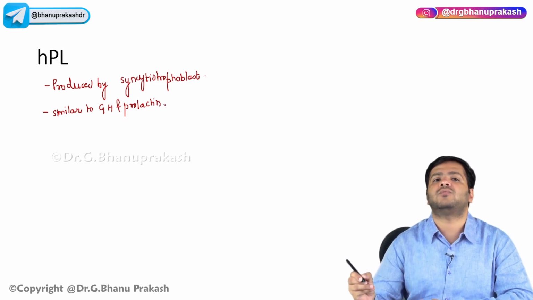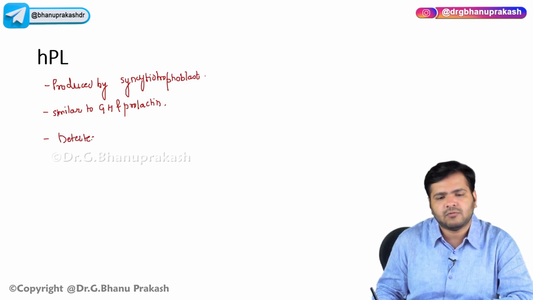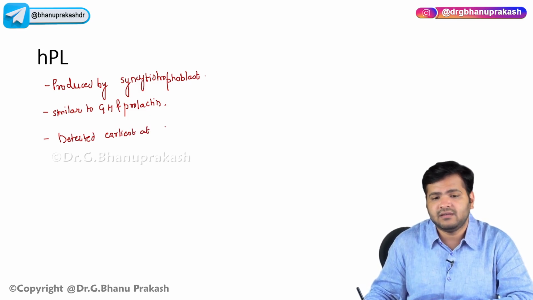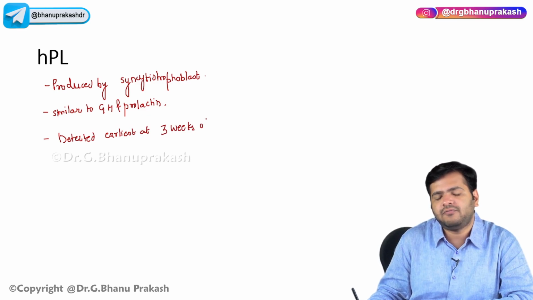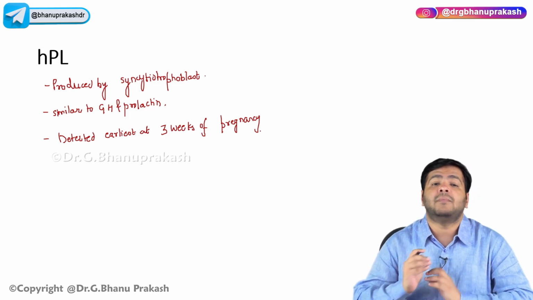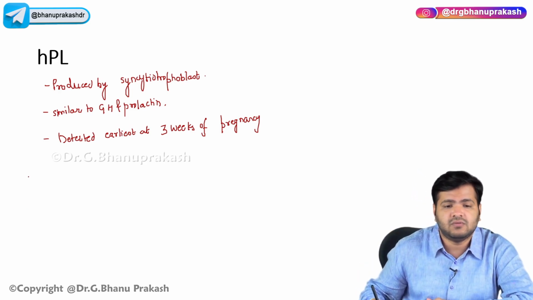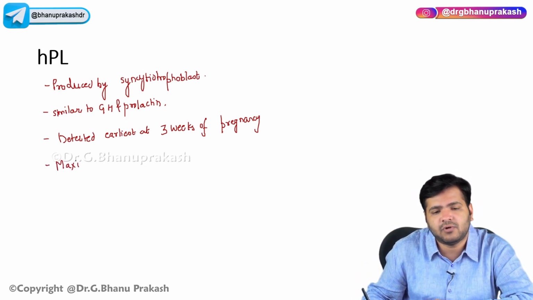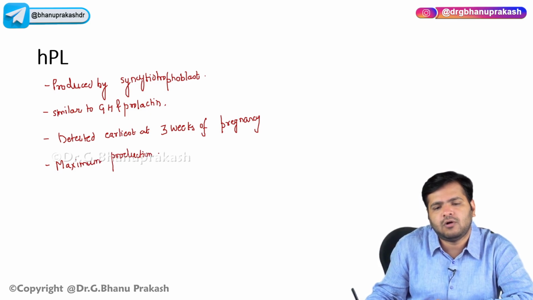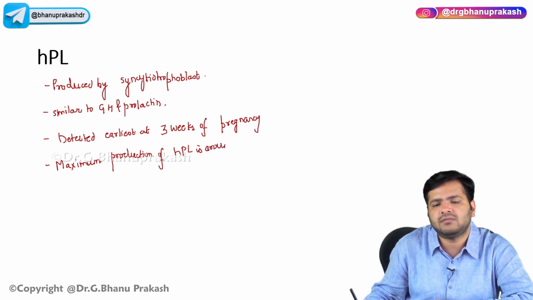It is detected earliest at around 3 weeks of pregnancy. The maximum production of HPL is around 36 weeks of pregnancy, so again you have to remember this.